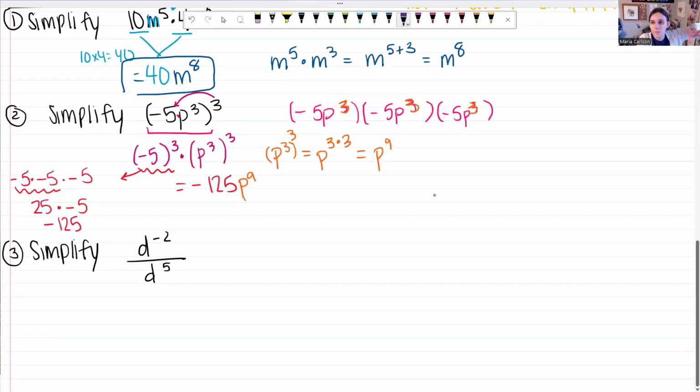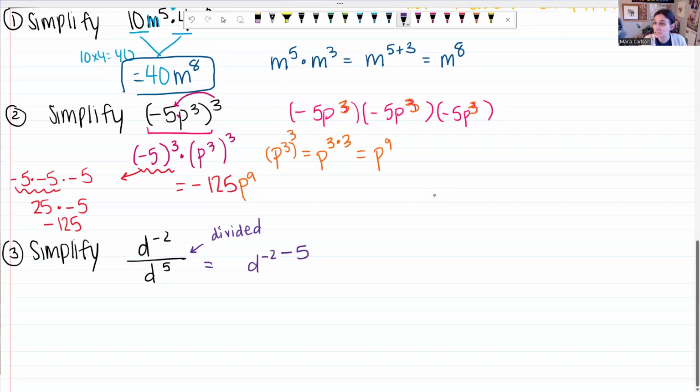But first, these two terms are being divided, right? D to the negative 2 power divided by d to the 5th. So let's focus on that division first. Since this is the same base being divided, I can use the quotient rule. So this is really like d to the negative 2 minus 5 power.